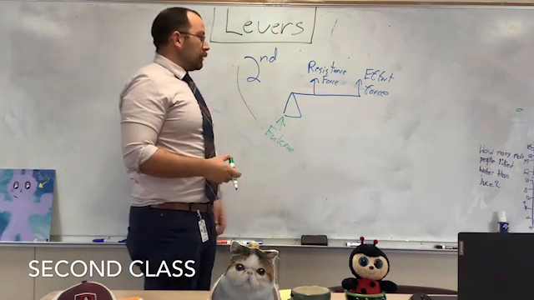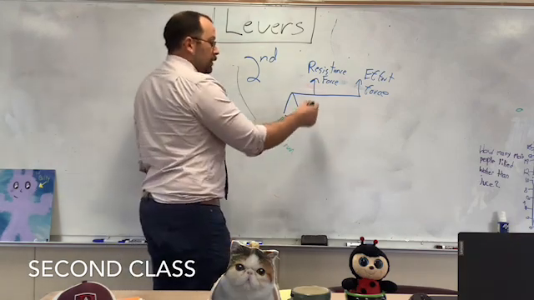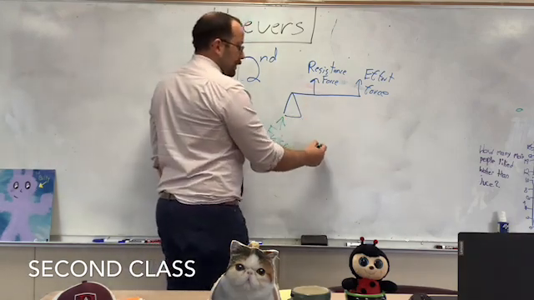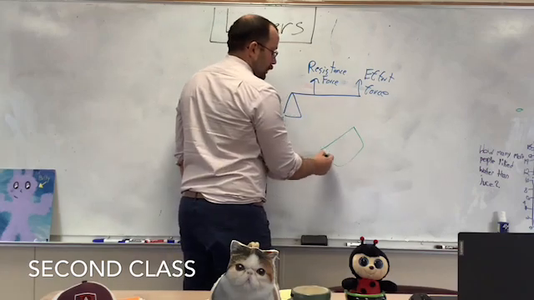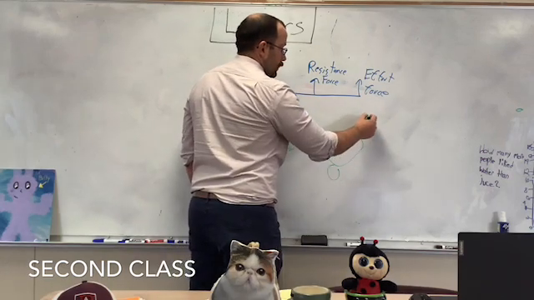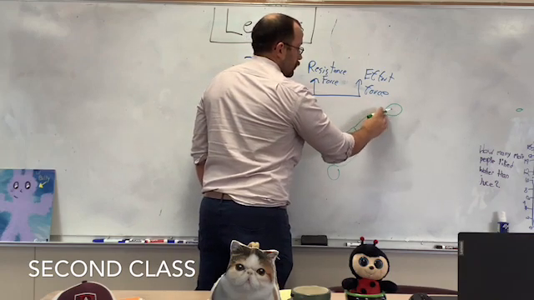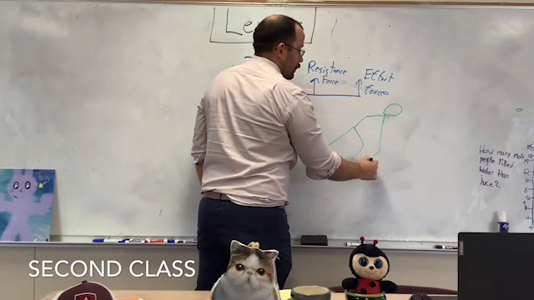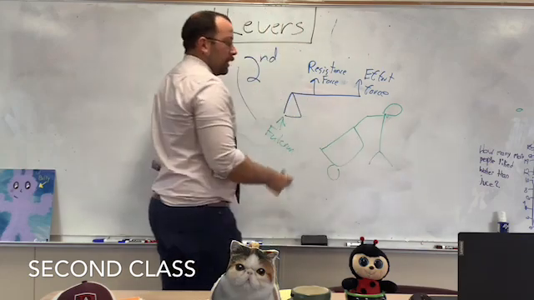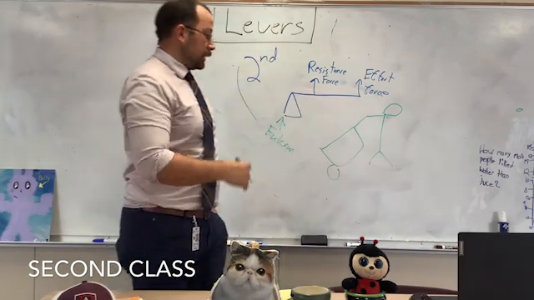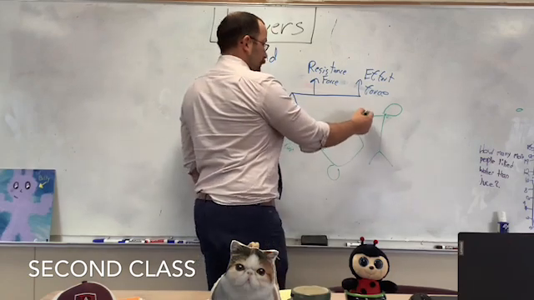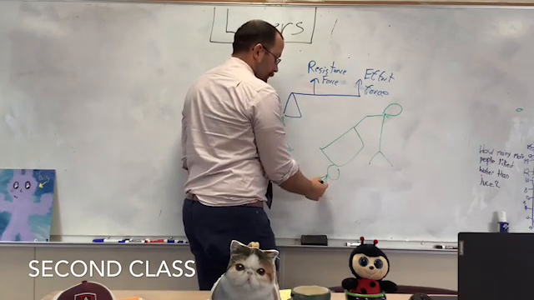All right, so now we have the fulcrum. The biggest example of this is a wheelbarrow. So you have your person here. I should probably give them a body. Pushing a wheelbarrow. I don't know why they're looking up at the sky, but they are. Here is your fulcrum.